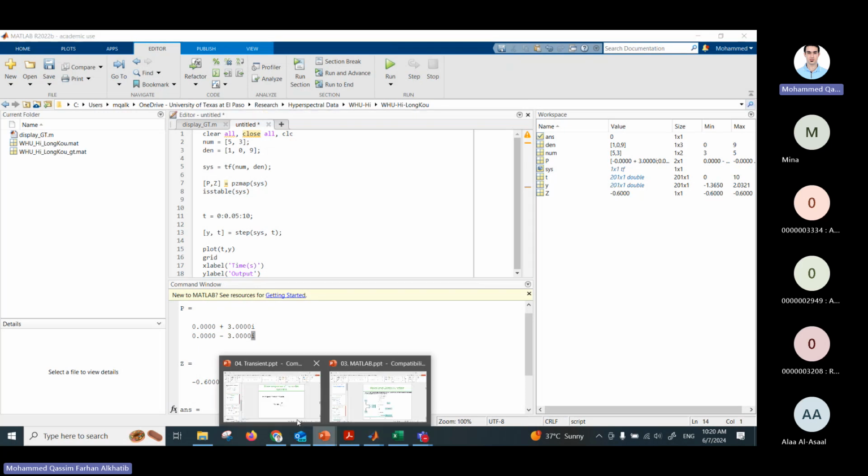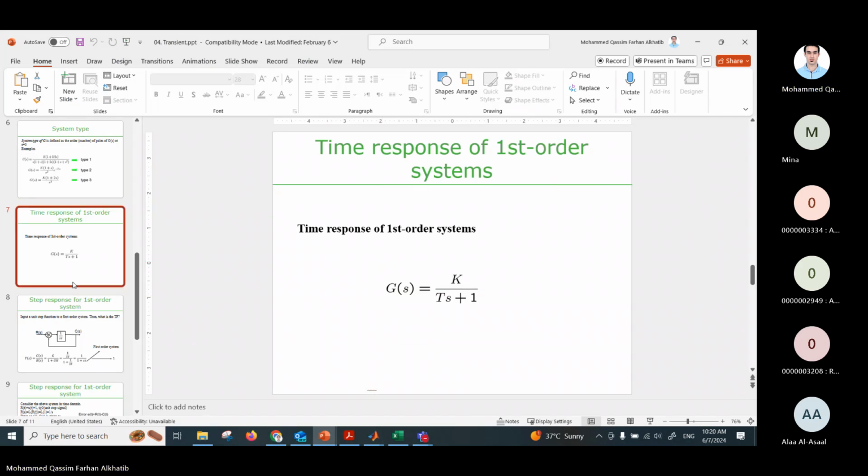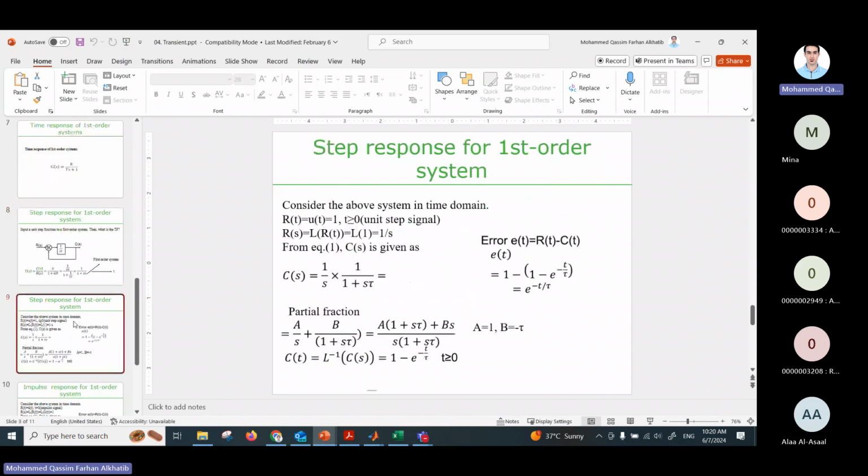All right, so let's continue with the lecture here. We've seen different responses here. There you go, that's the output when we have the same example as before, 1 over tau s plus 1. I applied 5 and 10, so I can apply 5 and assume any value for tau.